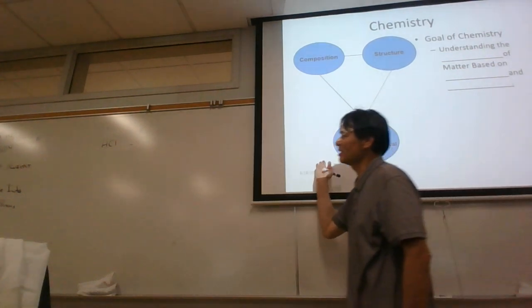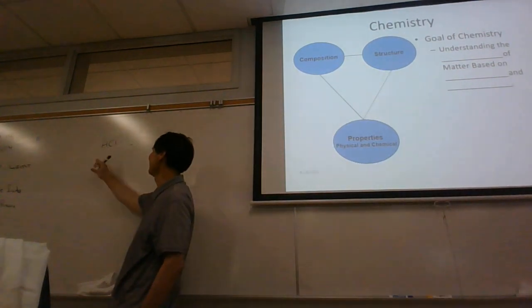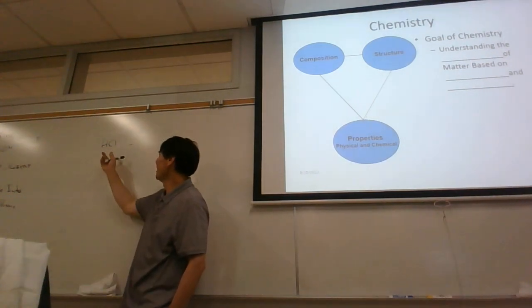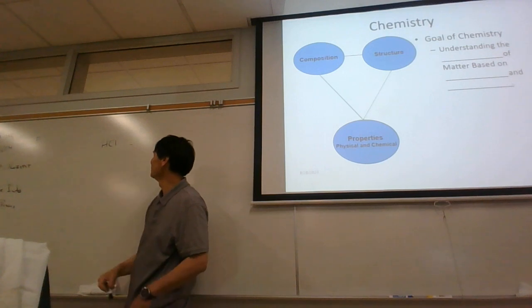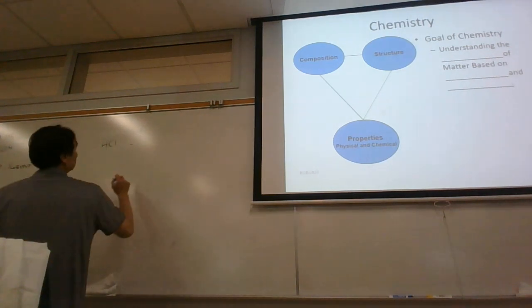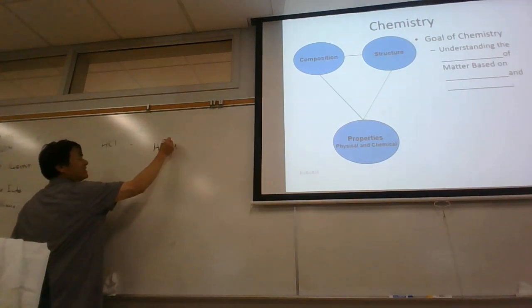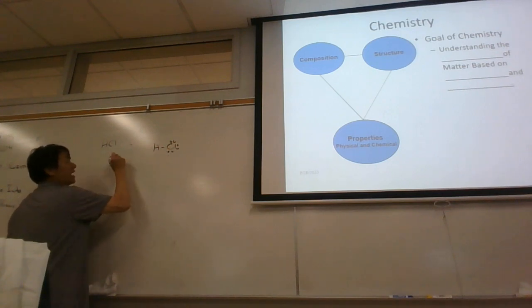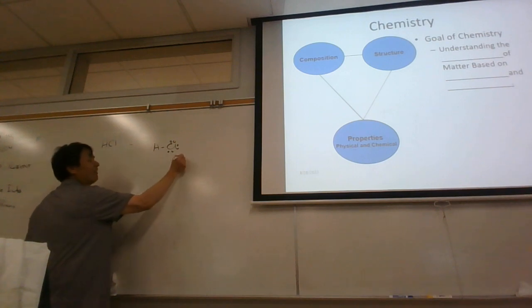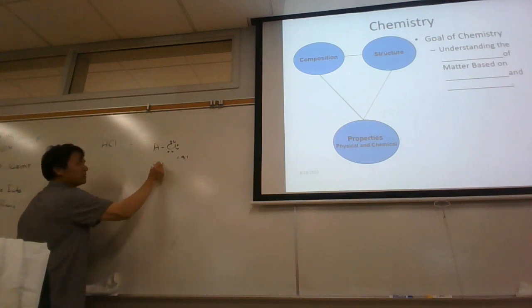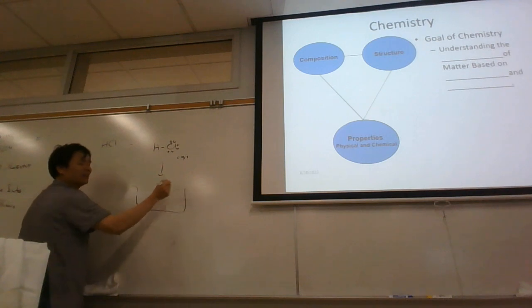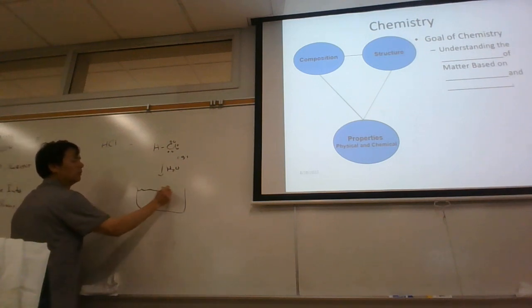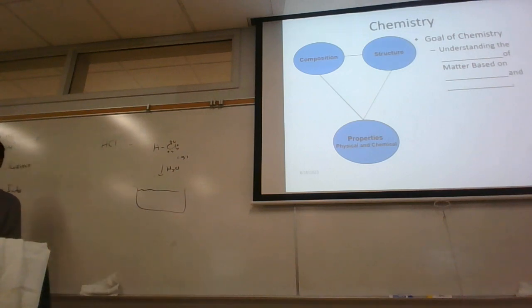If you want to understand the properties of HCl, you want to know what it's composed of. Well, it's composed of an H and a Cl. Actually, an H plus and a Cl minus, or well, this is covalent. There are different ways of thinking about it. Normally, when we think about HCl, you see a polar covalent bond here, and this would be in the gaseous state. But when we dissolve it in water, what happens?